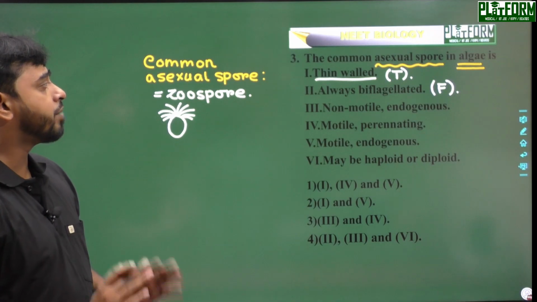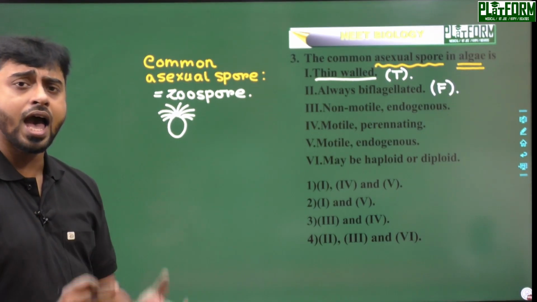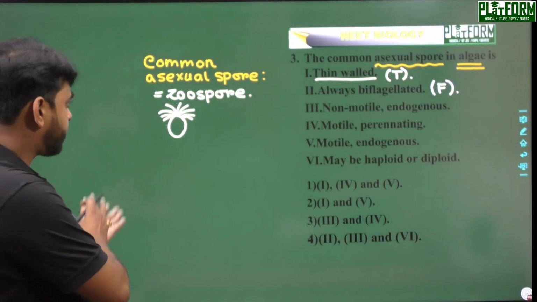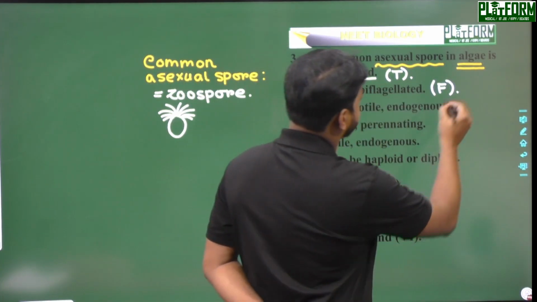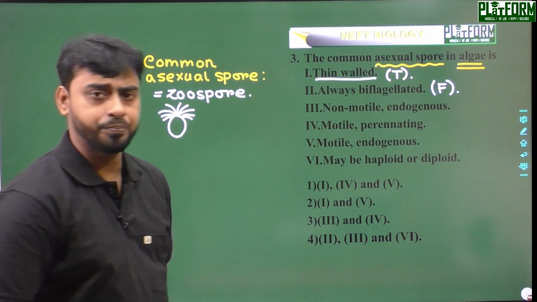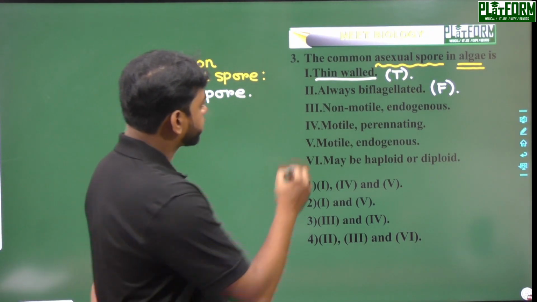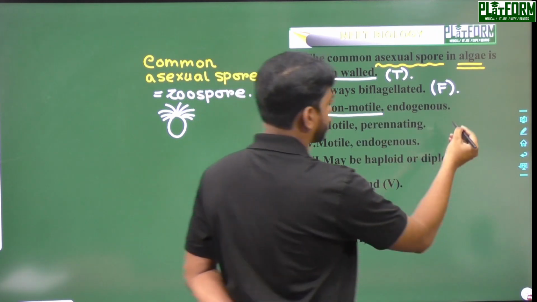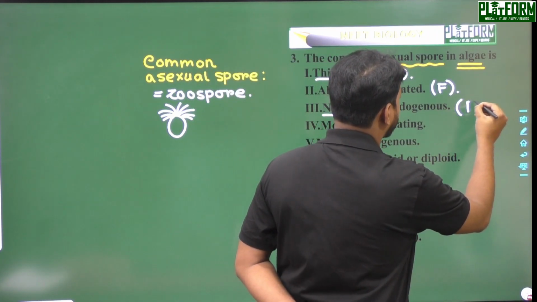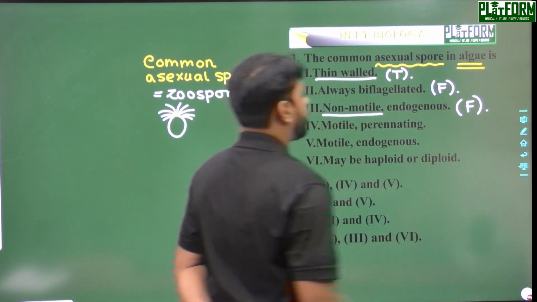But the members of the green algae have flagella ranging from 2 to 8. So always biflagellated is a false statement. The next one, non-motile spore. No, zoospore means it is a motile spore. So it is a false statement.